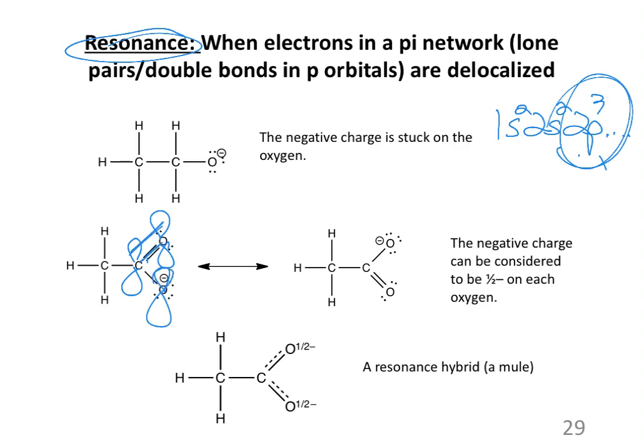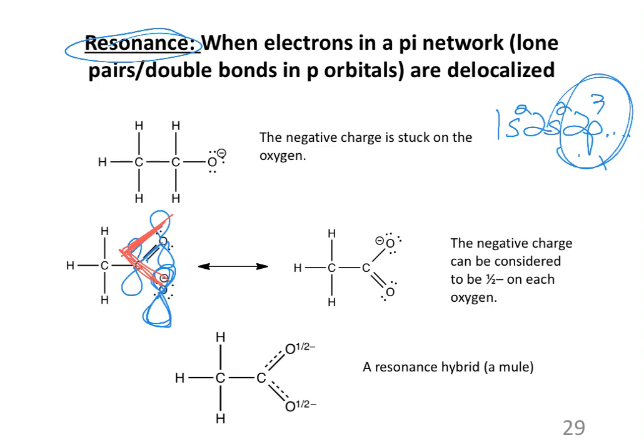And if you have lone pairs of electrons, they also sometimes can exist in a p orbital. And when you have these p orbitals all lined up with each other, they can share the valence electrons that are in these p orbitals.